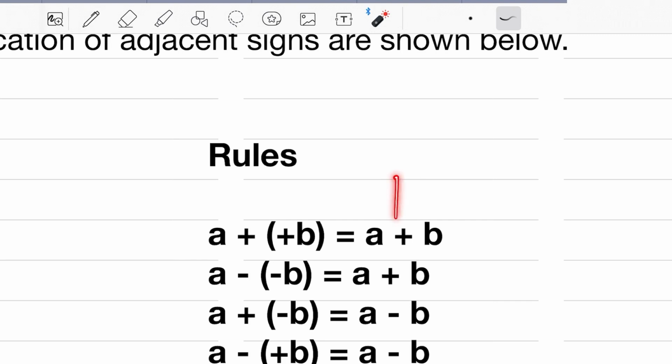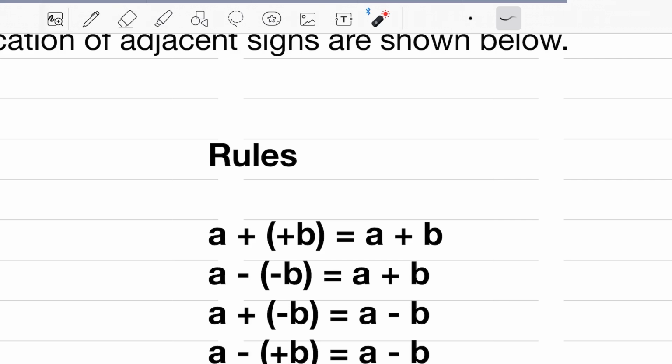So once we get to this step, we would add and subtract as we had been doing before. So A plus B will be A plus B. A minus minus B is going to be A plus B as well. A plus minus B is going to be A minus B. And A minus plus B is going to be A minus B.